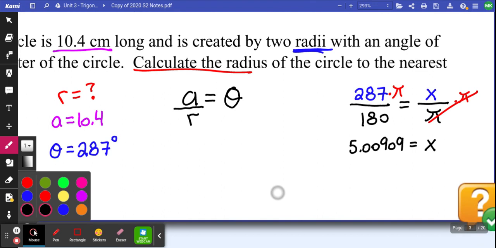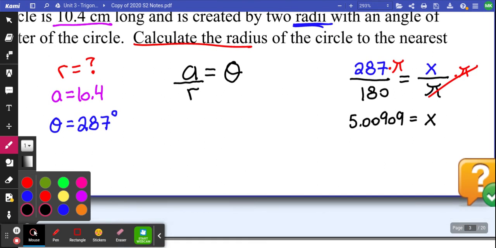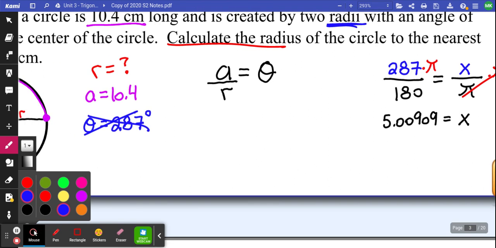Perfect. Let's go back to here. Let's not use this one because that's wrong. That's in degrees. We want radians. 5.00909. Now we can do this formula. Fill in everything you know.